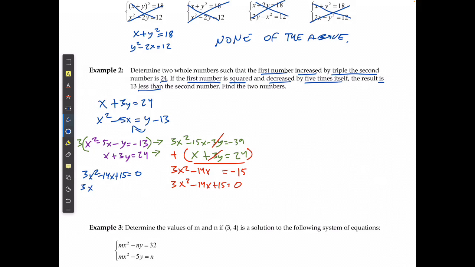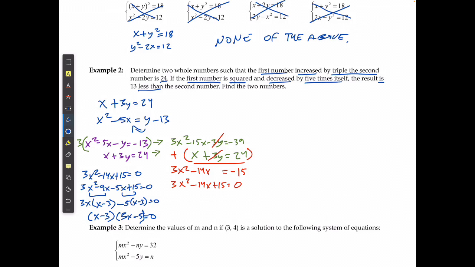When I split it up, I'm going to have 3x squared minus 9x minus 5x plus 15 is equal to 0. 3x and x minus 3, and negative 5 and x minus 3 are equal to 0, which means that x minus 3 and 3x minus 5 are going to be my two factors.